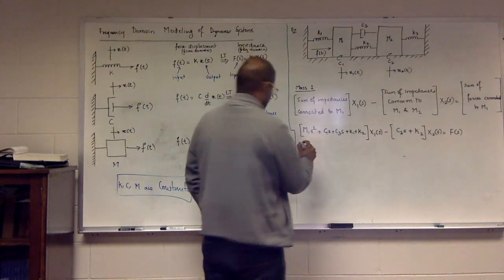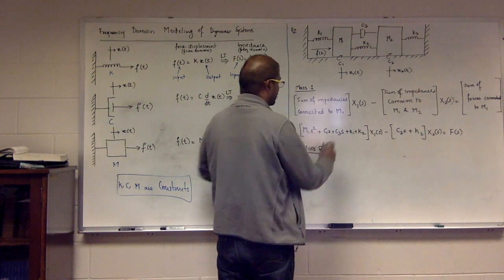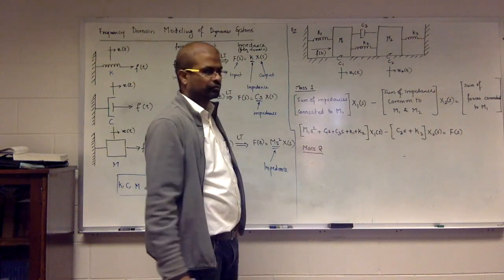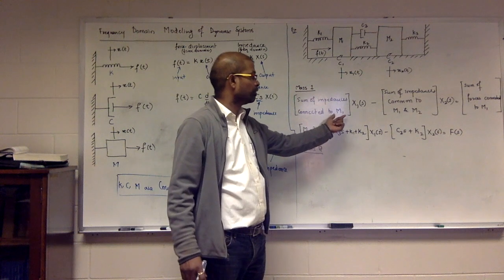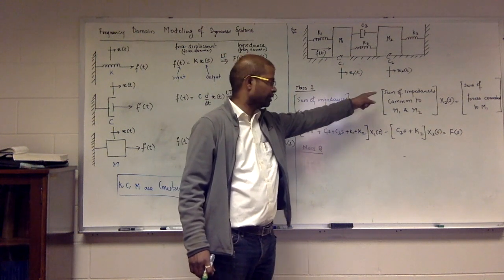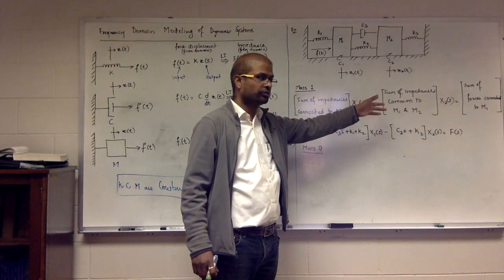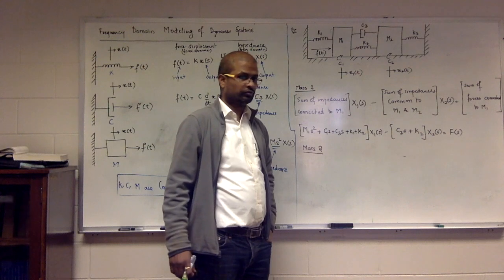Now similarly, mass 2, it reverses. So here it will be the sum of impedances connected to M2 into X2 of s, minus the sum of impedances common between M1 and M2 into X1 of s. It's X1, it's not X2, so it doesn't switch.